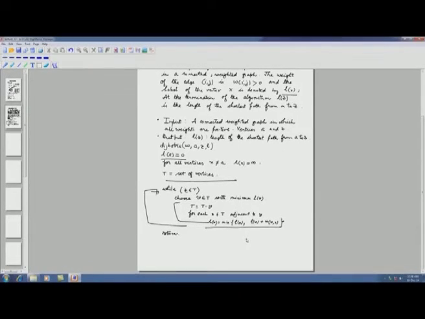Let us look at an example to clarify this matter. This is A, then A is connected to B and the weight is 3, B is connected to D, the weight is 2, D is connected to G, the weight is 3, then B is connected to E, the weight is 4, and here AE, the weight is 9.